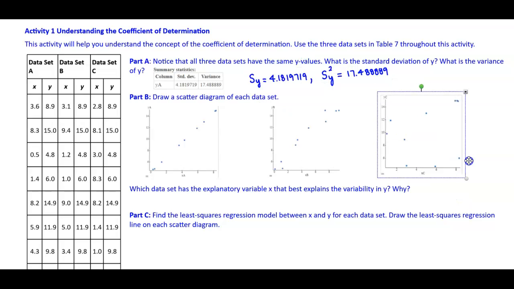So now we have the scatter plots for data set A, data set B, and data set C.